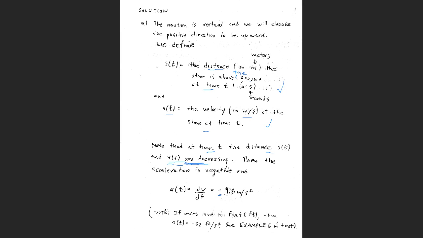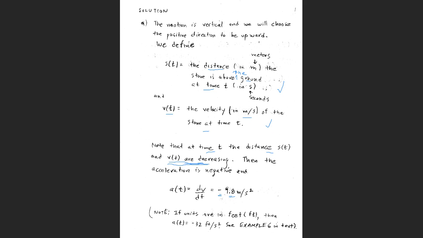Now, in terms of this negative 9.8, where do I get that from? I just said the acceleration, which is the derivative of velocity, is equal to negative 9.8 meters per second squared. Where does the negative 9.8 come from? Good, Ian.